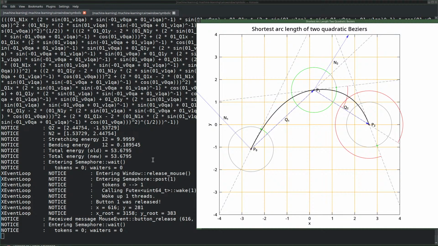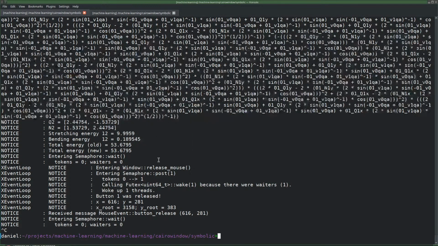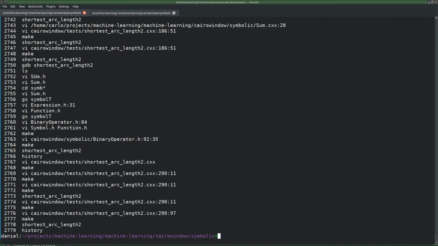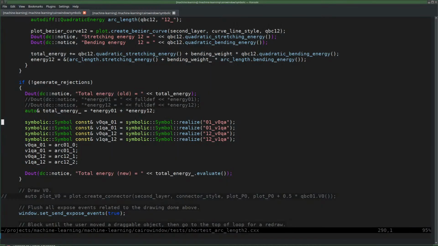So let's stop printing those huge formulas. Where are the huge formulas printed? Here. No, that's evaluate.